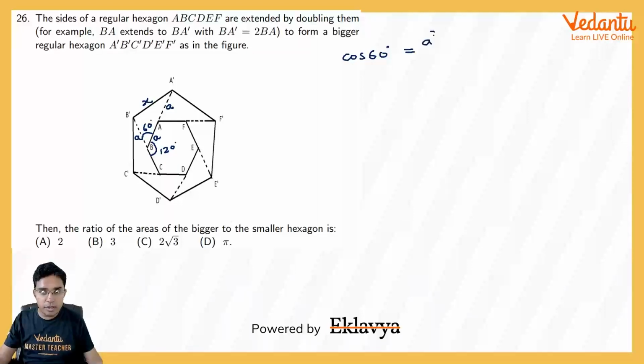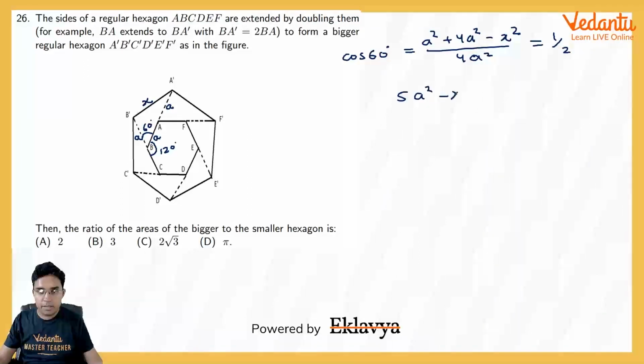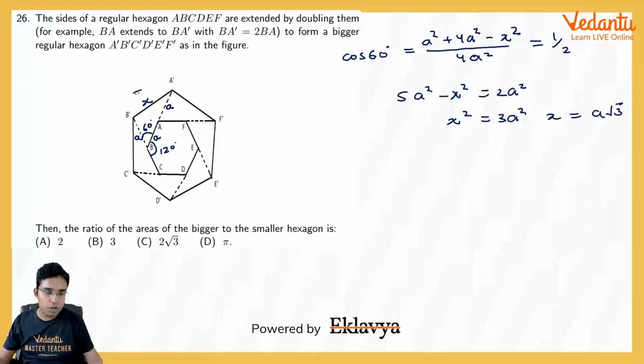So this will be A square plus 4A square minus X square upon 4A square in the denominator, 2 into A into 2A, and cos 60 is 1 by 2. So if I take this side, 5A square minus X square is equal to 2A square. This gives us X square is equal to 3A square. So X is equal to A root 3.